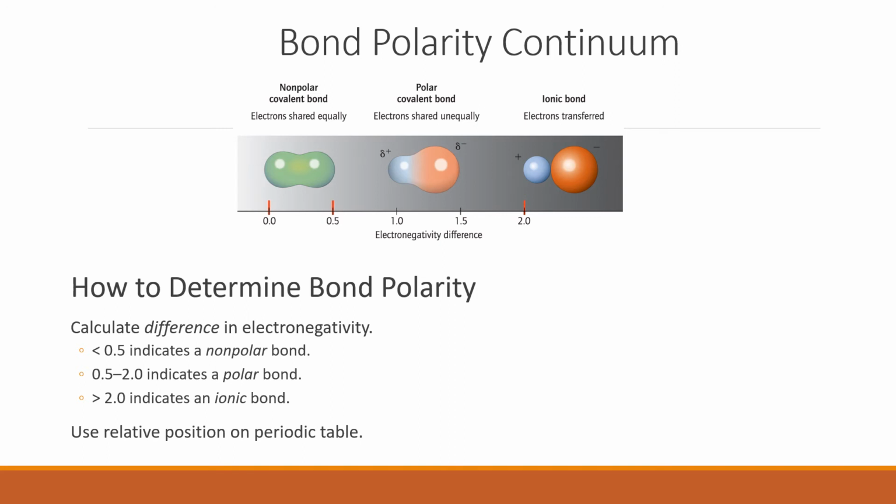In the previous chapter, we learned about ionic bonds as well as covalent bonds. And in this chapter, we learned that covalent bonds can be polar covalent or non-polar covalent bonds.